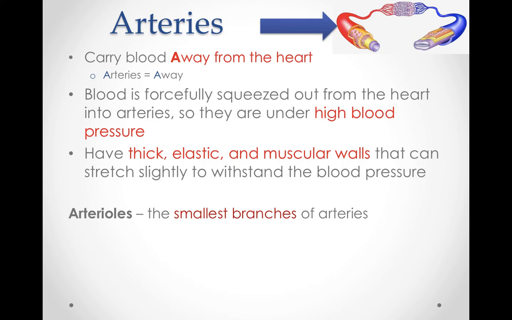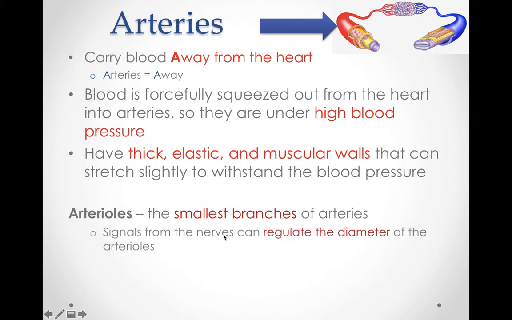As we get further away from the heart, so as we're carrying the blood away from the heart, our arteries branch away like trees. The branches are going to get smaller and smaller, and the smallest type of arteries is called arterioles, and they can receive signals from our nervous system that can regulate the diameter, the size of the vessel.